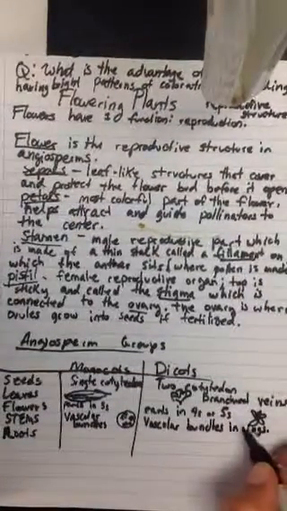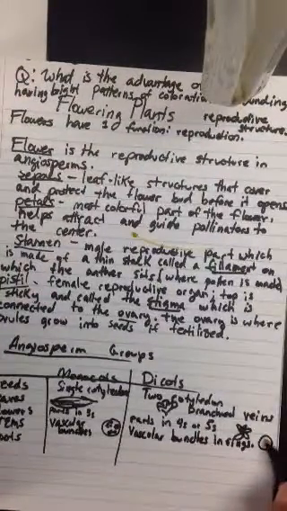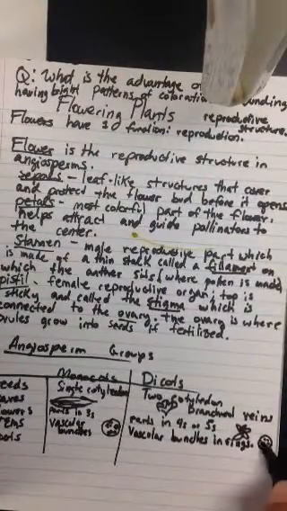So here's our cross-section, and we see the tissue going around in a circle.